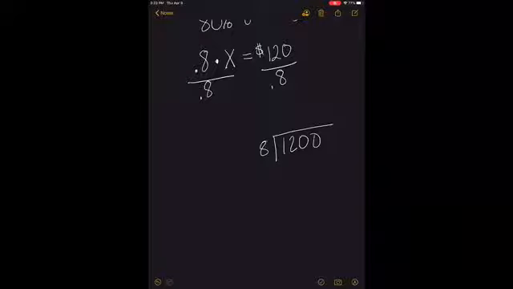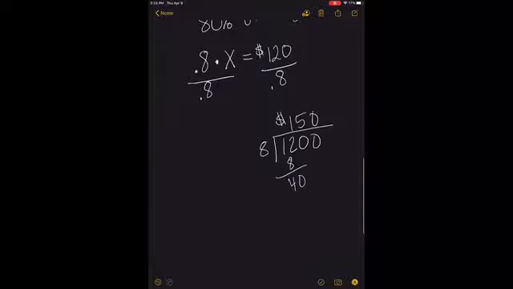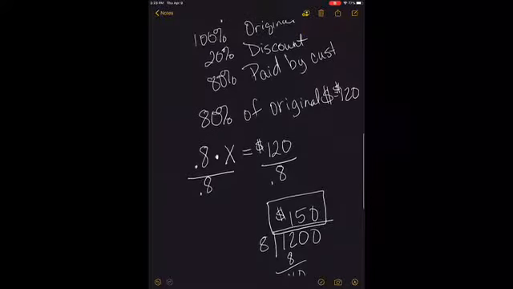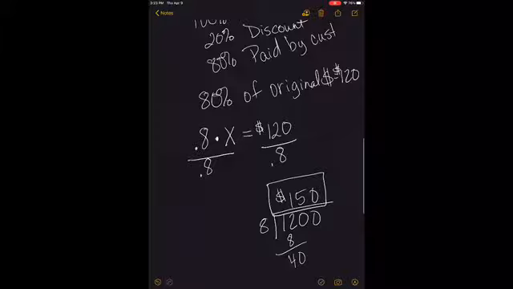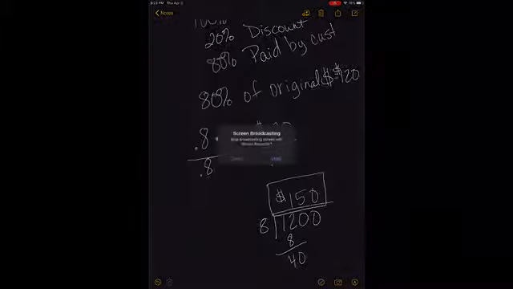We had to add an extra 0 because we had to move that decimal point. It goes into 12 once. Okay, so our original cost was $150. So that means our discount was $30. But the question is, what was the original price of the suit? And the original price was $150. Do the rest of the practice problems on your right.